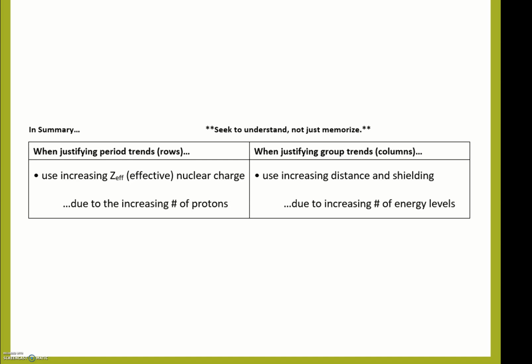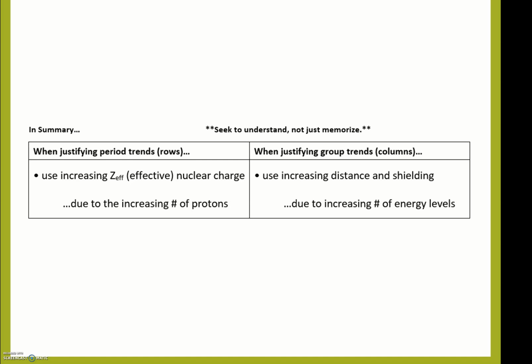Therefore, the attraction between the nucleus and the valence electrons will be weaker. In addition, there will be more electron-electron repulsion because of the core electrons, which are on the inner energy levels between the nucleus and the valence electrons.